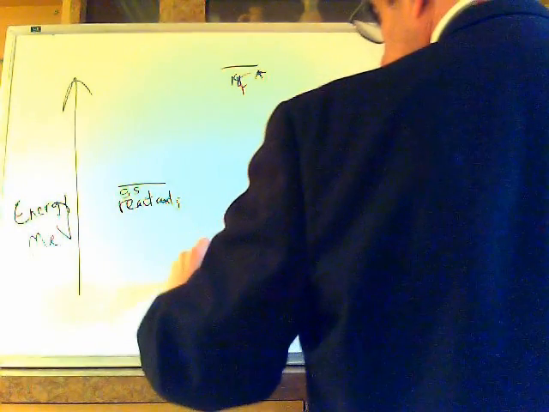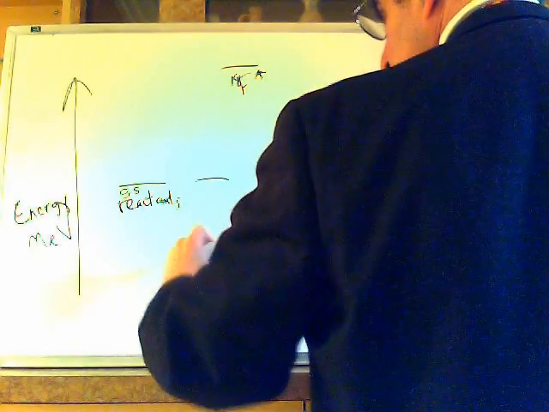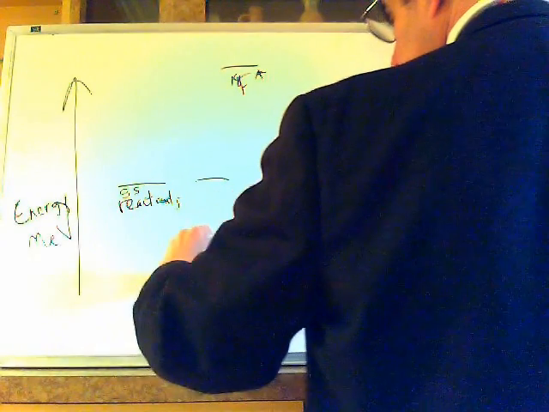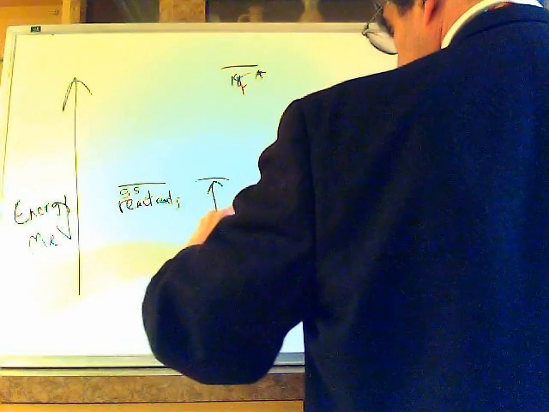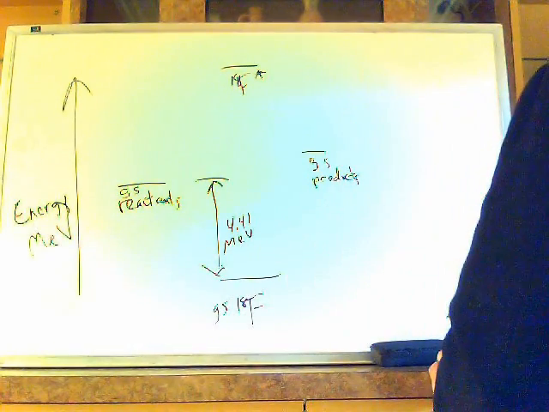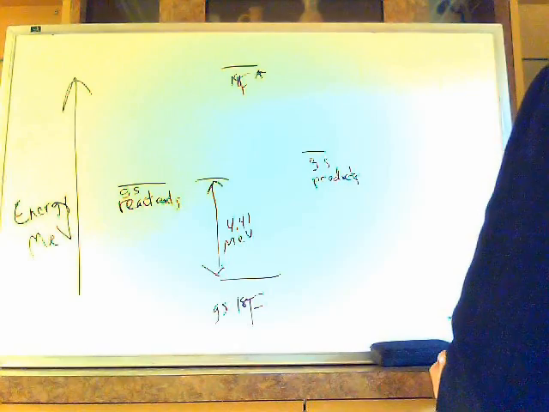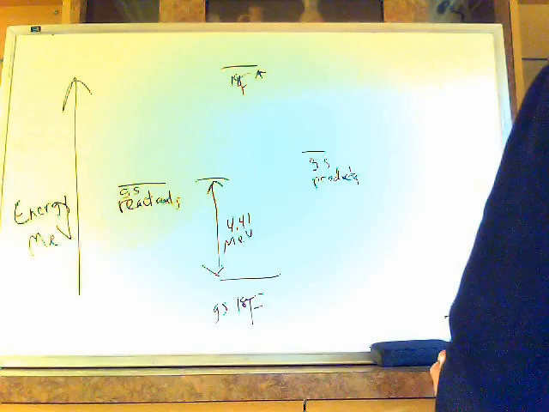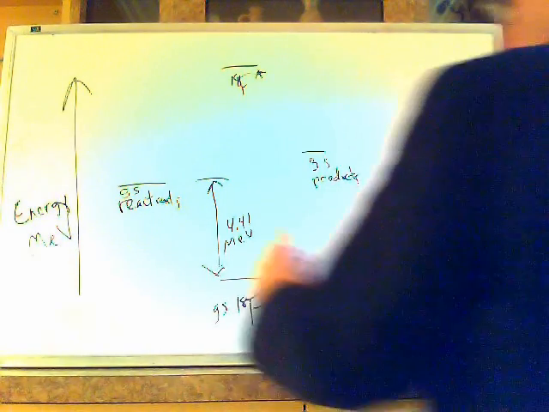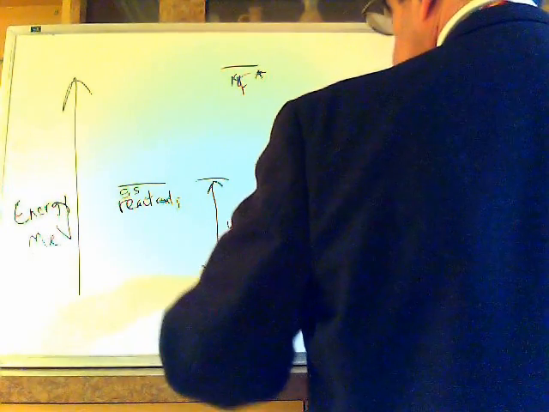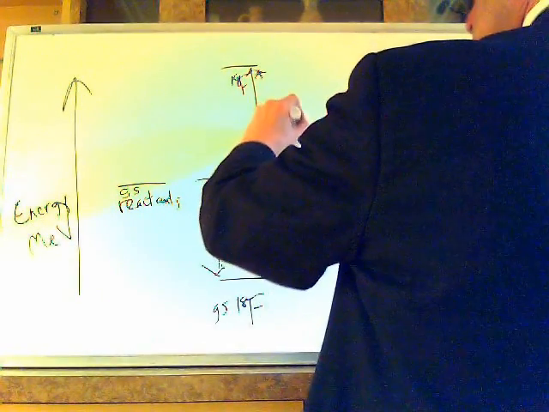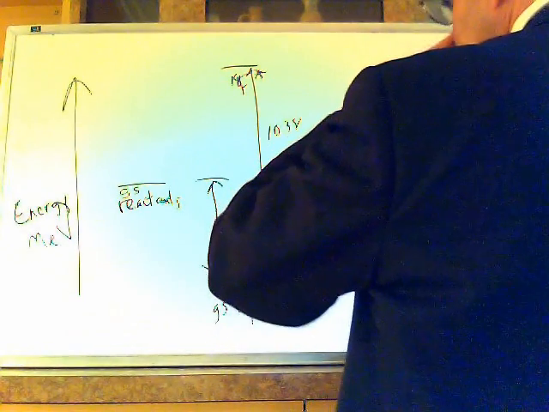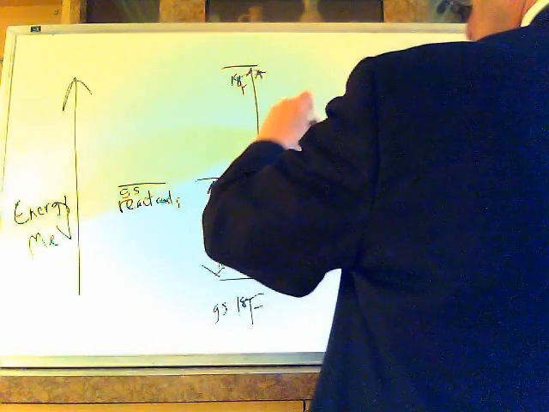Remember we calculated this one value, which is the difference between the reactant ground state and the fluorine ground state, and that was the 4.41 million electron volt difference. The energy that we most recently calculated, the 7.68 plus 4.41 minus 1.71, that was the 10.38 million electron volts, the energy difference between fluorine in the excited state and fluorine-18 in the ground state, 10.38 MeV.